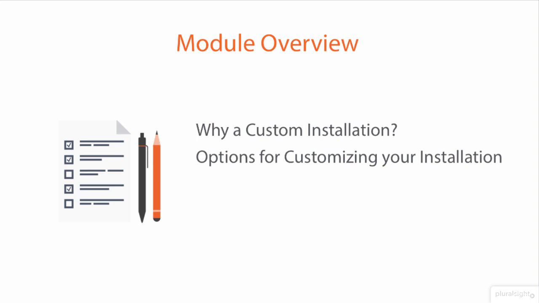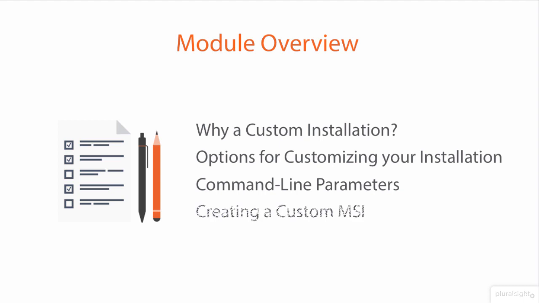We're going to talk about options for customizing your installation, and there are really two popular options that are out there, and they're going to include command line parameter passing and creating a custom MSI. And we're going to go through both command line parameters and creating a custom MSI using the options that I find myself typically using in production environments.